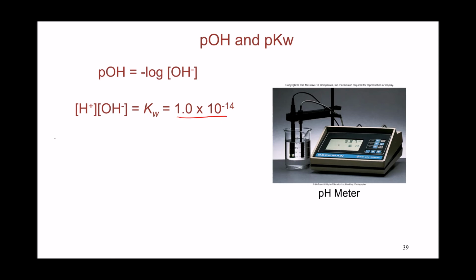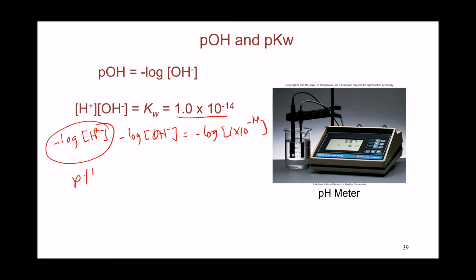So if we take negative log of the whole equation, so negative log of the hydrogen ion concentration plus negative log of the hydroxide ion is going to equal negative log of 1 times 10 to negative 14. So basically, this here is pH, this here is pOH, and this here will have a value of 14.